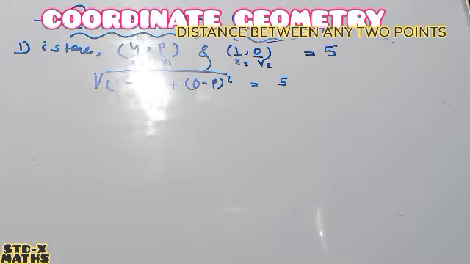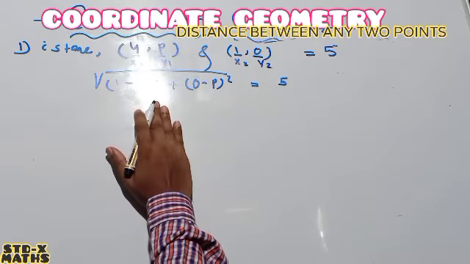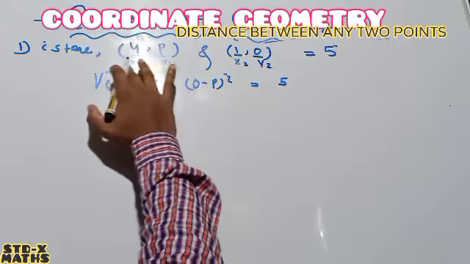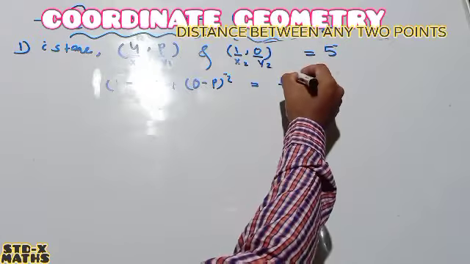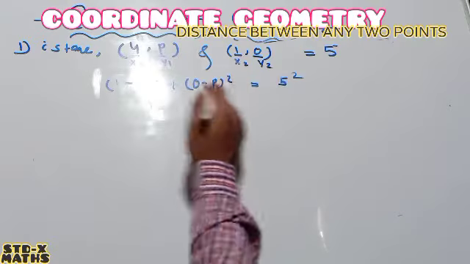The next step should be done like this. To remove the square root, I have to square both sides. Whenever I remove the square root, 5 becomes 5 squared.